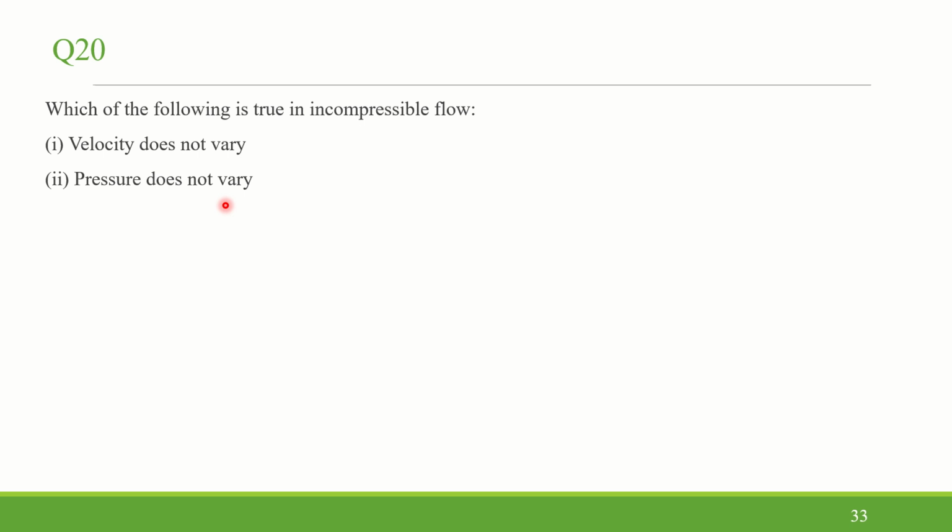So pressure will decrease from one end to the other end, and when we are talking about velocity, again the velocity will be varying. So we cannot say that pressure and velocity will remain constant. Both of them will be varying.